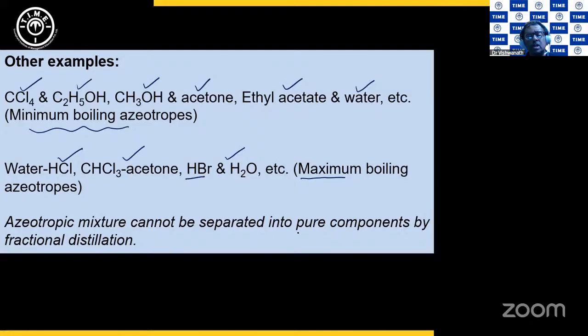Azeotropic mixture cannot be separated into pure components by fractional distillation, as distillation cannot result in a change in composition, and we cannot do a separation. There are other techniques where the two liquids can be separated by adding a third component, for example. If it is a binary, you cannot do it, but you can add a third component, and you can do some other processes which can lead to separation. Clear?